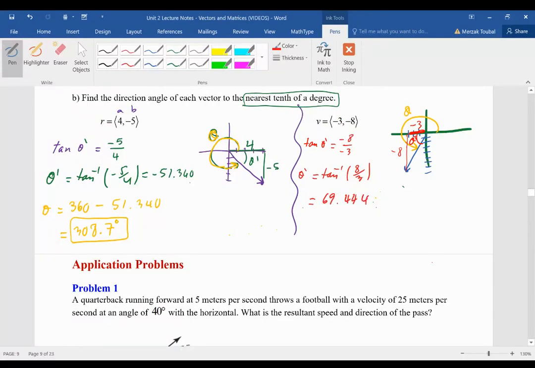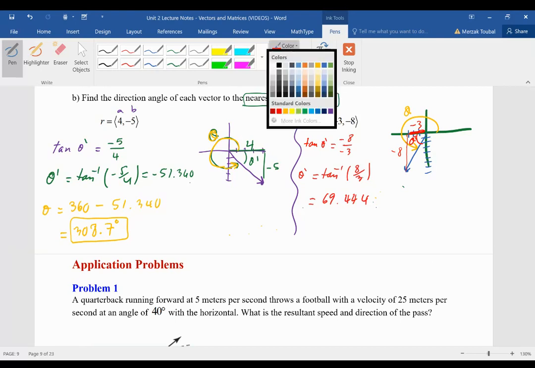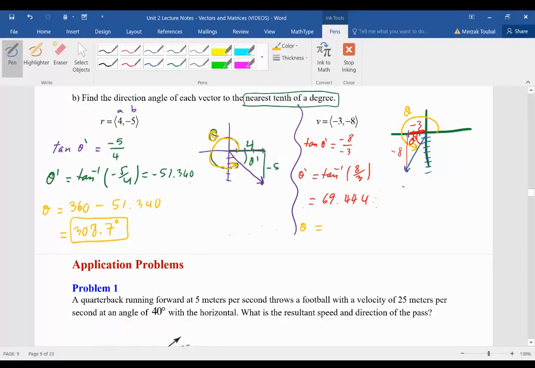69.444 around. And then I'm going to calculate theta. What is theta now? Theta would be 180 minus 180 degrees. No, sorry, 180 degrees plus this angle. So 180 plus this angle.